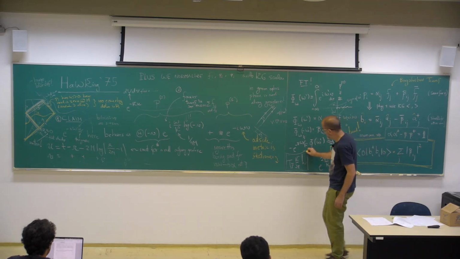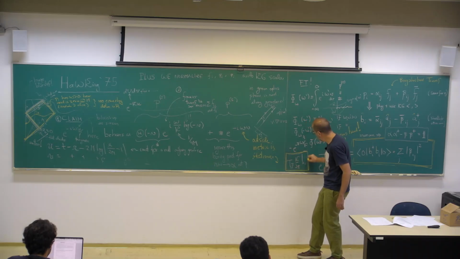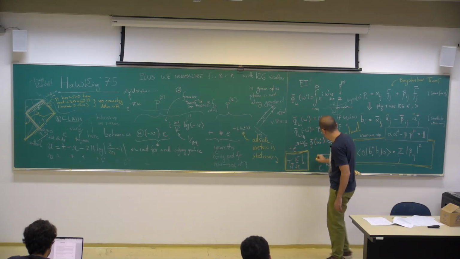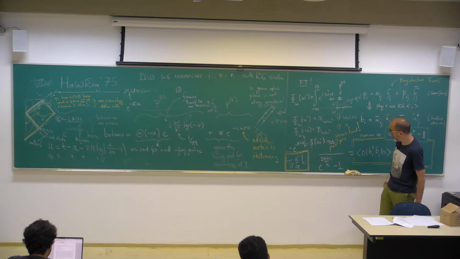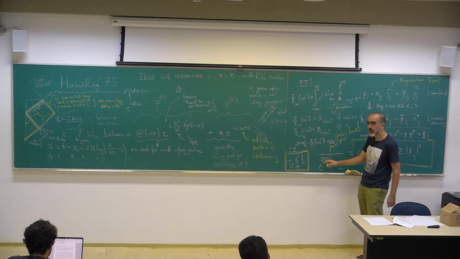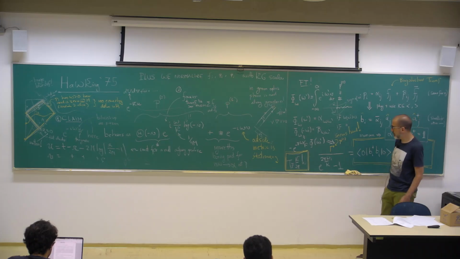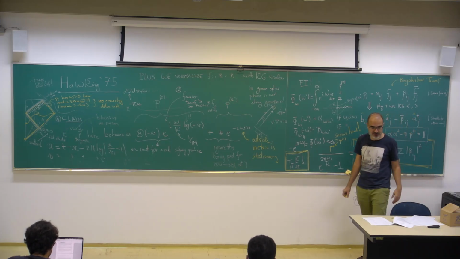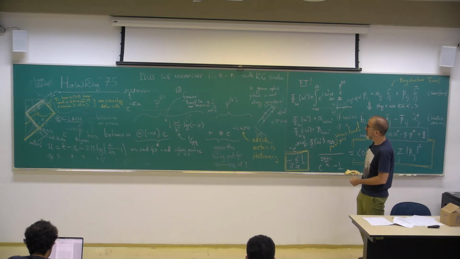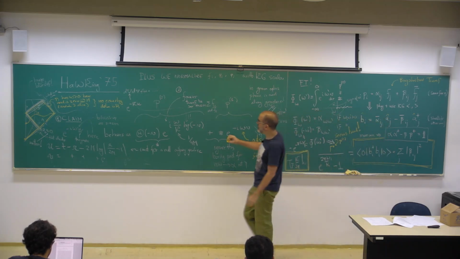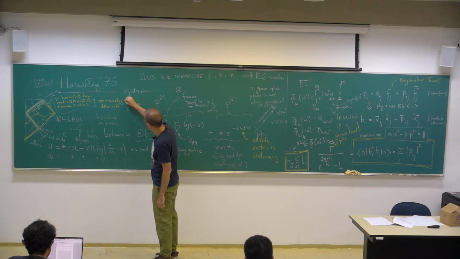And so the conclusion is that we get a perfect thermal spectrum. This is nothing but the thermal spectrum you expect for a particle. If this is the energy, then this is the inverse of the temperature. This is beta. And so it works. The only thing that was really important was the behavior of the metric close to the horizon and the fact that there was this important exponential factor.